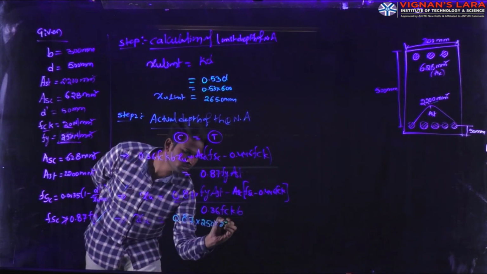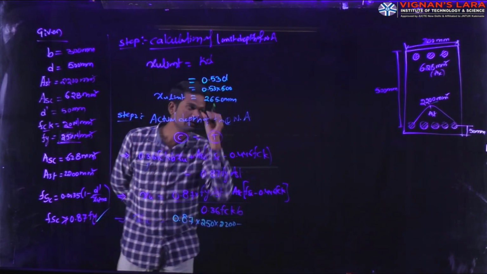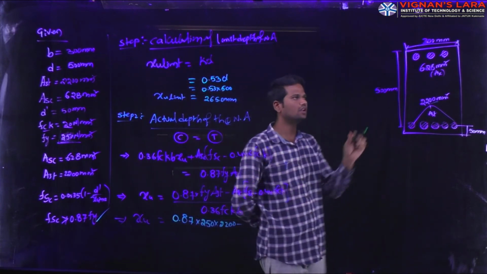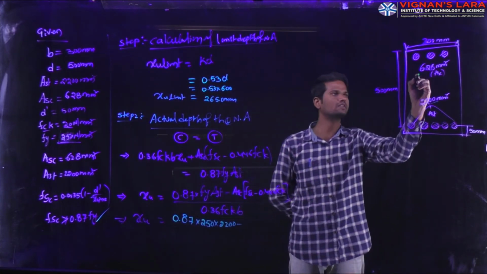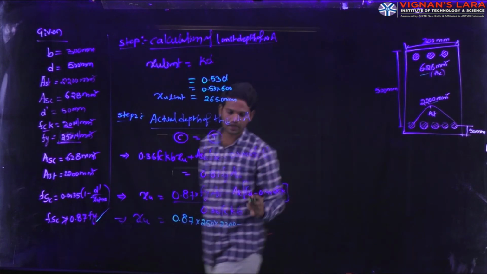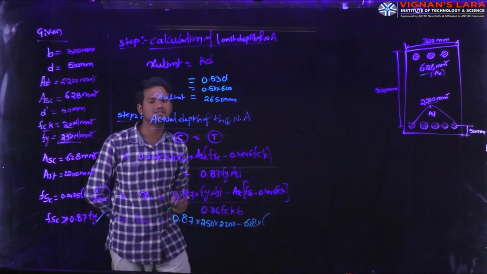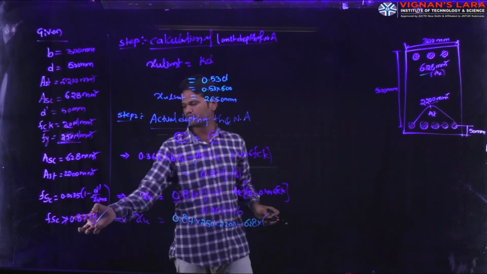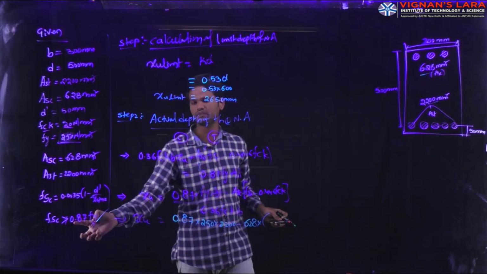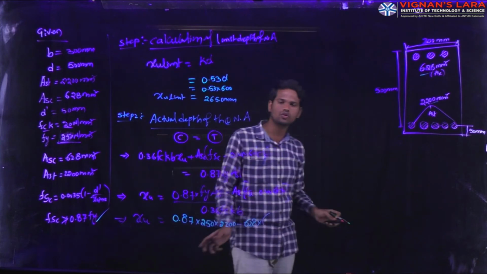That means 2200 minus ASC is nothing but the area of the steel in the compression face. Area of the steel in the compression face they are given as 628 mm square. That means 628 into the FSC value. Already I have told that the FSC value for Fe 250 grade should be 0.87 into Fy.